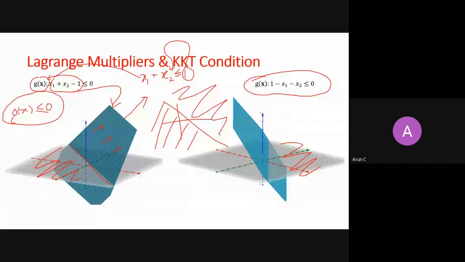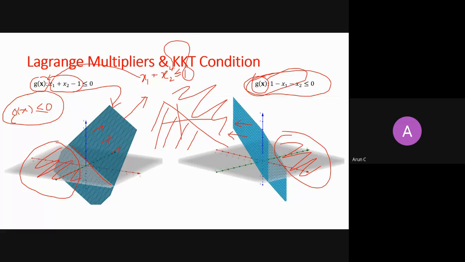Remember that. If you take the gradient of g(x), it says (1, 1) for this constraint, but the feasible region, where x1 plus x2 is less than 1, is opposite to the gradient. Similarly here, the gradient of this g(x) is (-1, -1), and the feasible region is opposite to the gradient of this g(x).